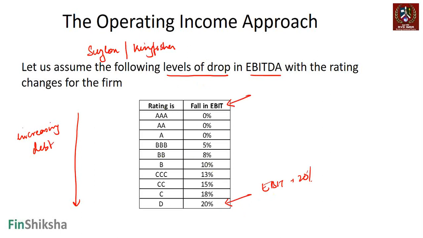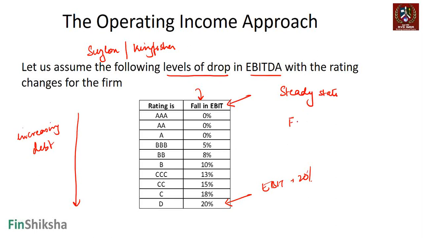But assuming we find that this is the fall in EBIT, we can now calculate what is going to be the firm value. Remember, we will go back to our discussion of the firm value and we will assume that the firm is in steady state, right? For real analysis, we can actually remove this assumption as well.